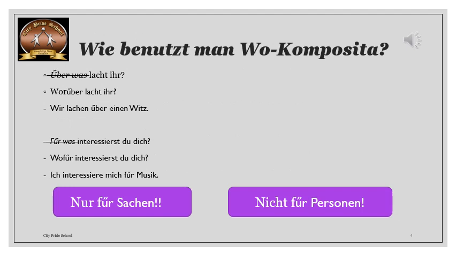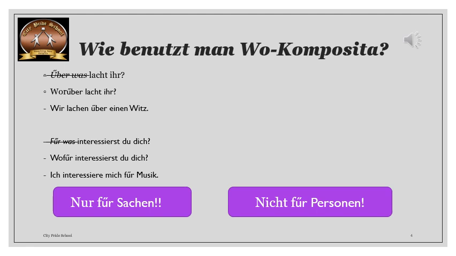Now we will see how to use wo composita in the sentences. Jetzt sehen wir, wie benutzt man wo composita. The first example, lachen über, you already know, to laugh over or at. It is a verb with fixed preposition. Über was lacht ihr? This is total falsch.